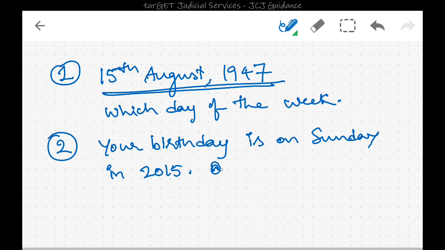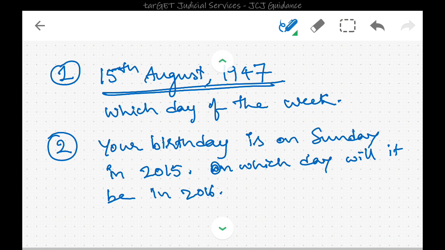On which day will it be in 2016? So they have given the day of the week for a particular year, and you have to find on which day it will fall in some other year with regard to this.